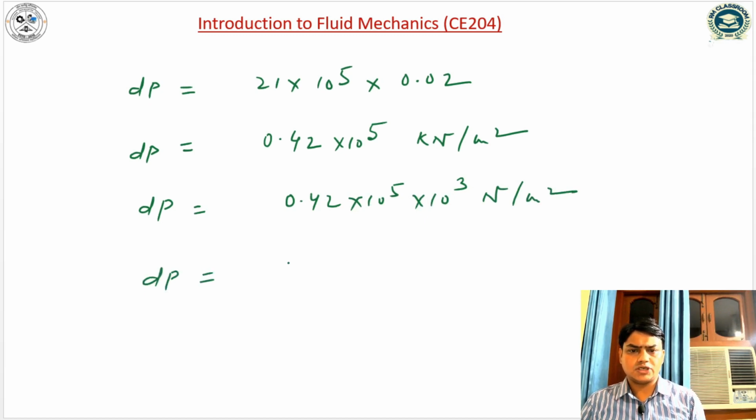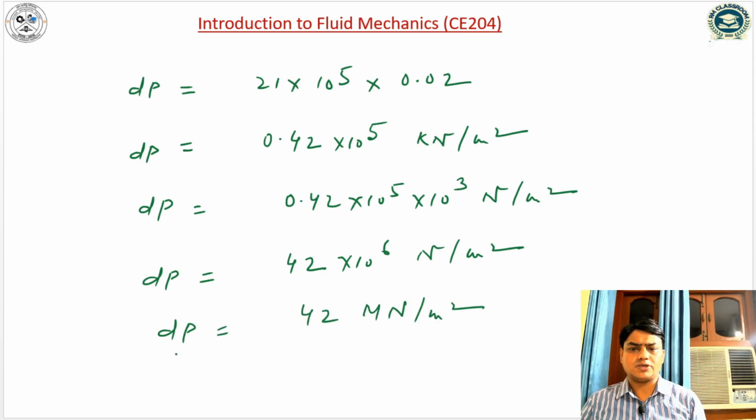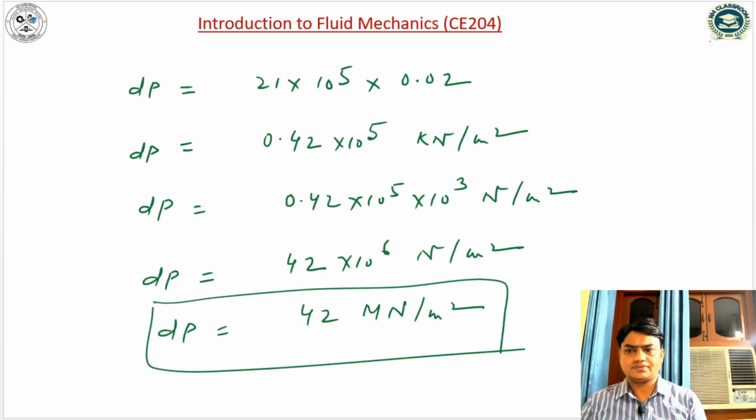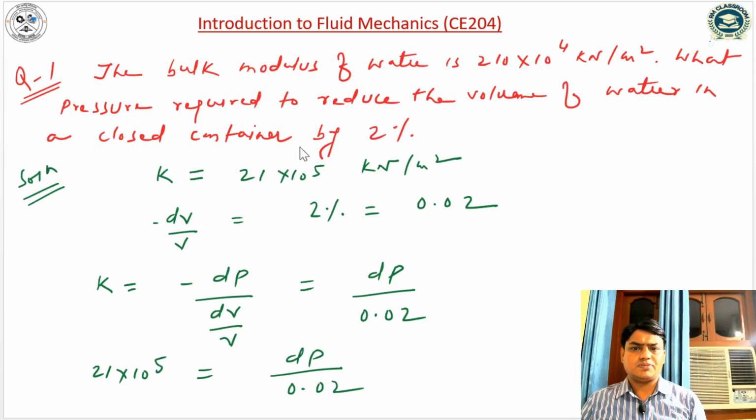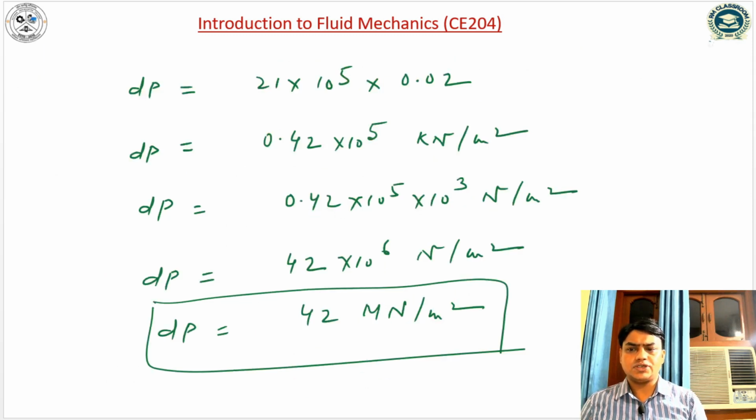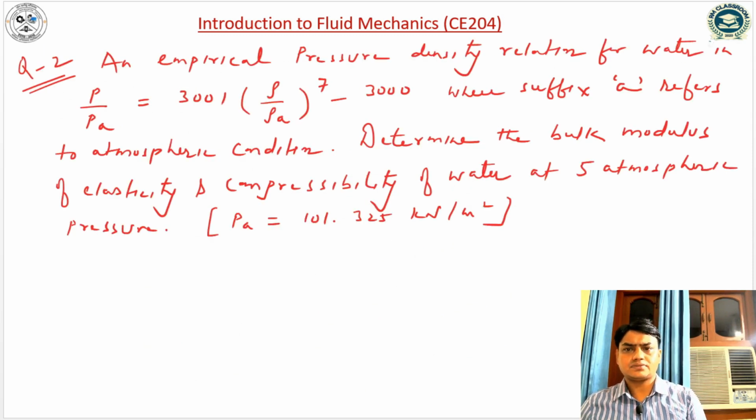So change in pressure is 42 into 10 to the power 6 Newton per meter square. So dP can be written as 42 mega Newton per meter square. So this is the answer. What pressure is required to reduce? It is 42 mega Newton per meter square.